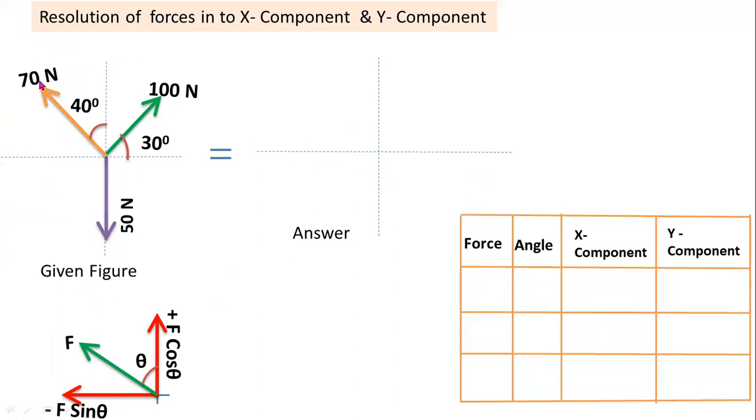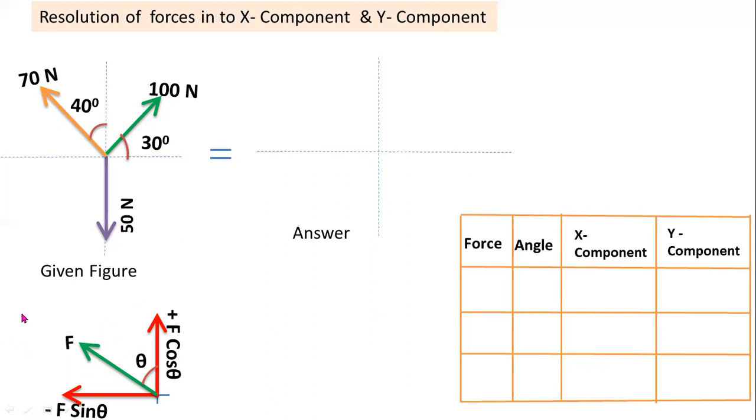This 70 newtons force lies in the second quadrant, that's why I am taking the second quadrant formula. This force is F equal to 70 newtons. This is the horizontal force, and this is the vertical force. For adjacent sides you have to consider cos theta, and for opposite sides you have to consider sin theta, with respect to this angle.